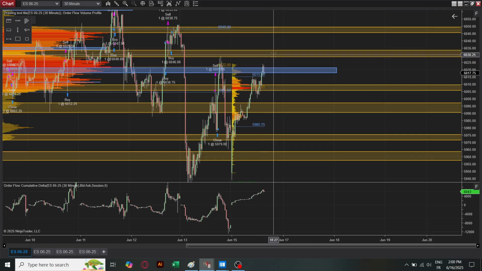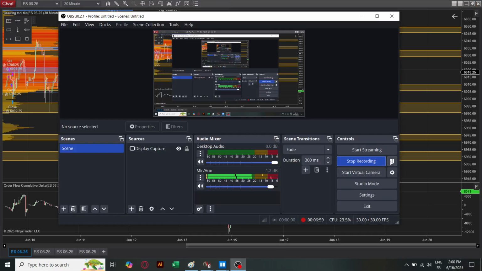So if price went to this level and there was a strong absorption, like buyers are strong but price is not going up and there are some trapped buyers, then I can go short to this level. I'm going to get about 1.5 to 2 R over here. But what I hope is price comes over here and then I can go long to this spot. See you after about 30 minutes.